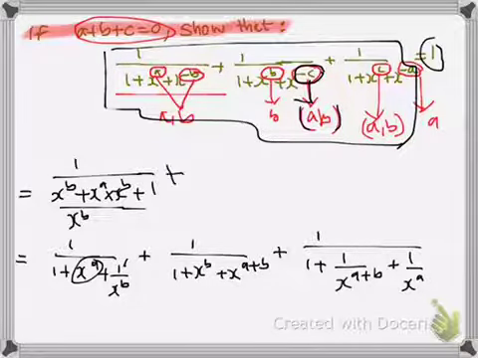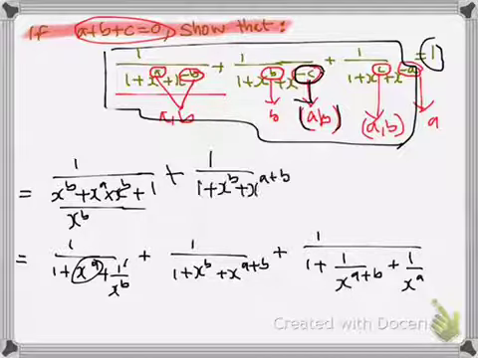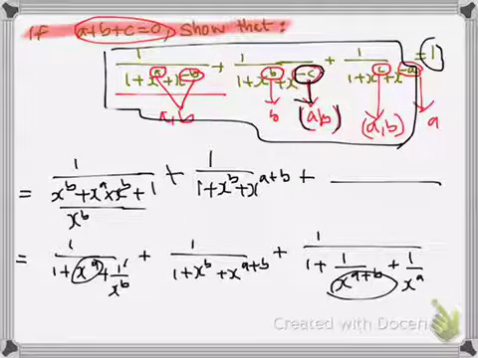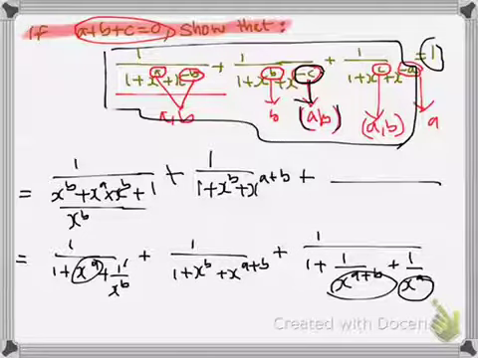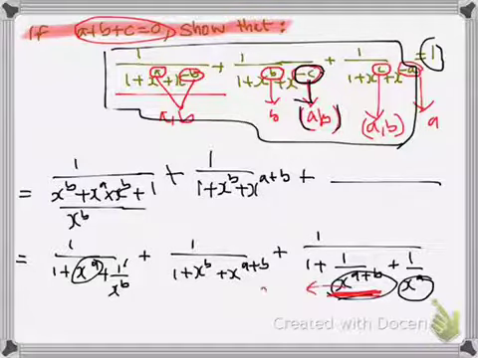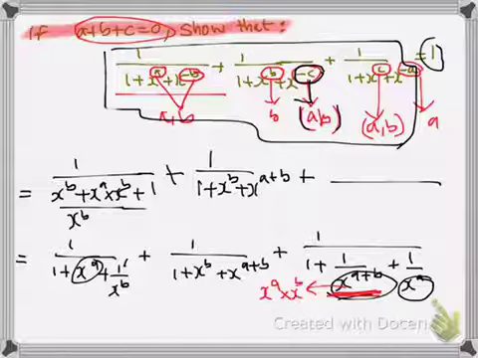For our second expression, I'll write it as it is. But for our third expression, we have to take the common LCM from these two terms. If we look at this term x to the power a plus b, according to law of indices, we can write it as x to the power a times x to the power b, if we remember.